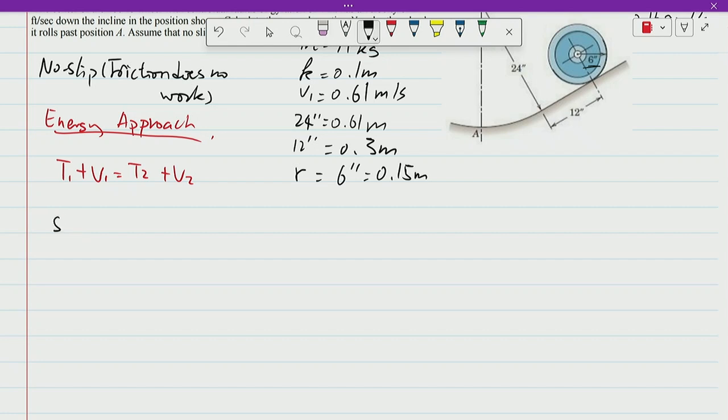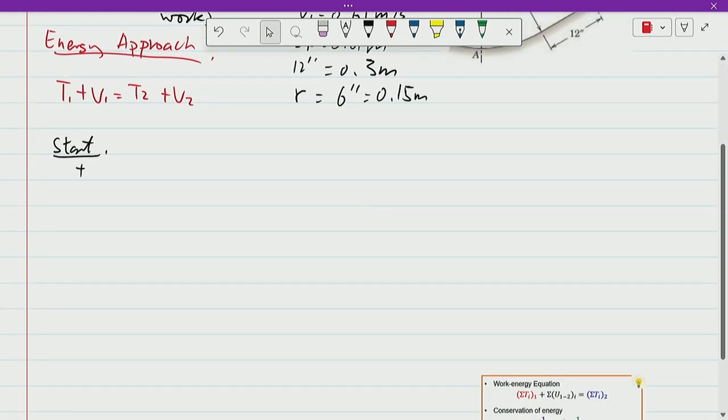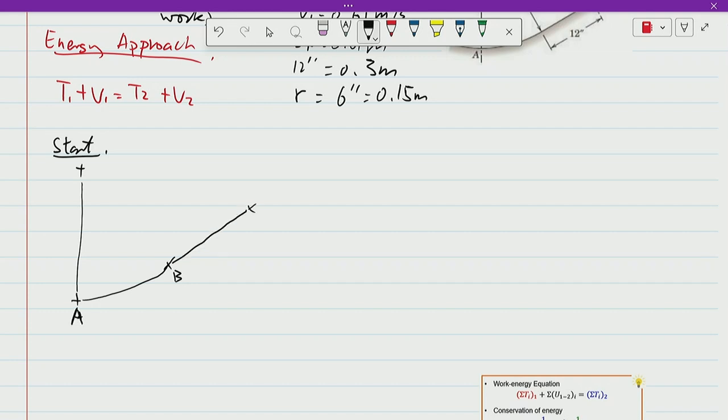Okay. We need some sketch. So this is at the start. We have point A down here. There's a quarter circle, a quarter pipe, and then it goes up a straight ramp at C. We're given theta. This is perpendicular to BC.